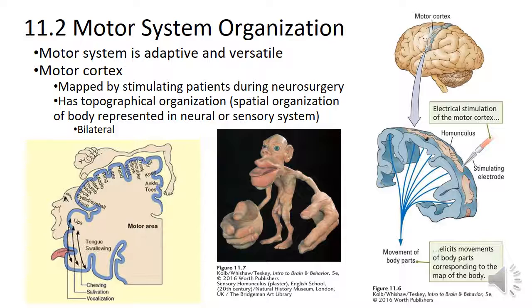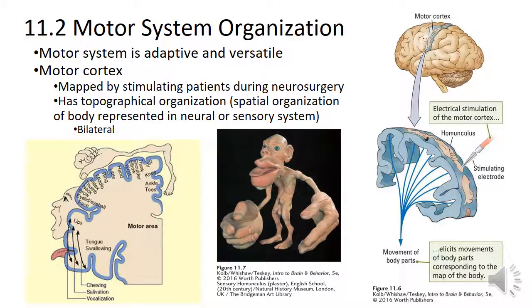The motor cortex has a topographical organization, which, if you remember from before, means the spatial organization of the body that's represented in neural or sensory systems. So, for example, in the motor cortex, if you look at this little image on the left here, the thumb is near each of the fingers.